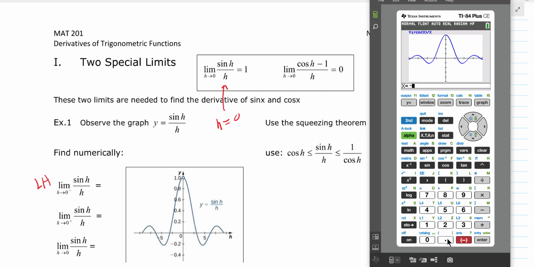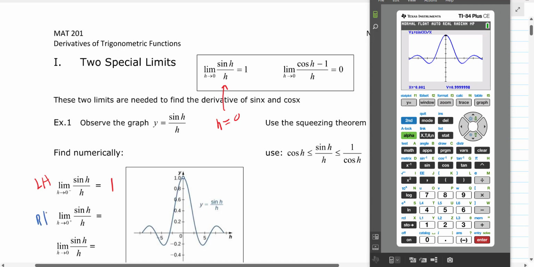I'll do it one more time. Okay, so anyway, you can see that we're getting close to 1. For the right-hand limit, we'll do the same thing, but we'll trace a number just a little bit bigger than 0, like positive 0.001.